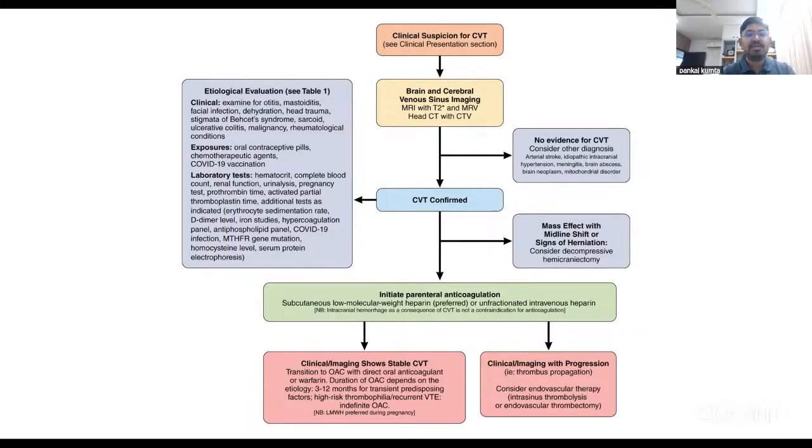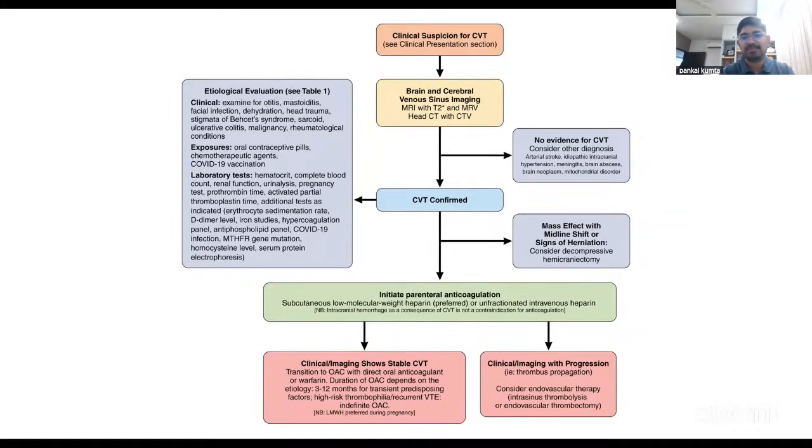And as with all this, you check all the laboratory tests: hematocrit, complete blood count, renal function analysis, pregnancy test, prothrombin time, APTT, assuming pregnancy is there or not there, which will be on the history. And let's say the evidence of thrombosis is not there on the imaging, though this is quite a gold standard.